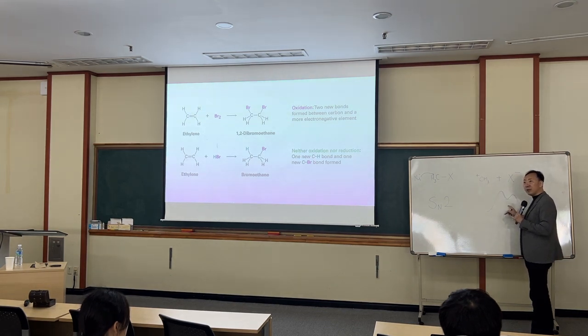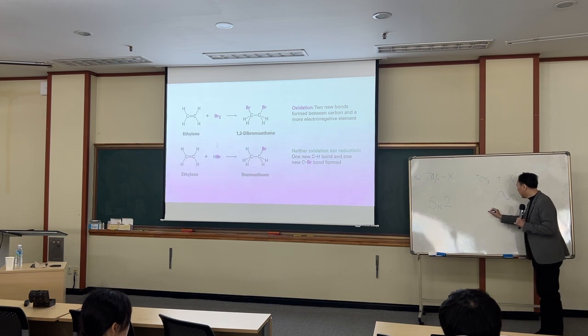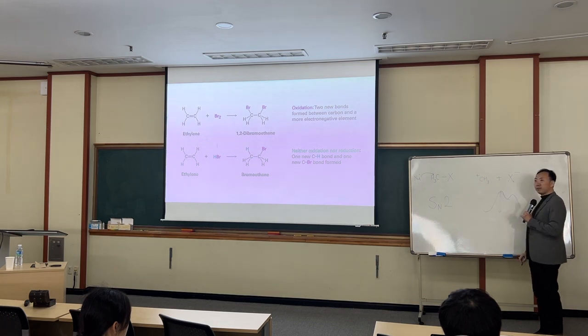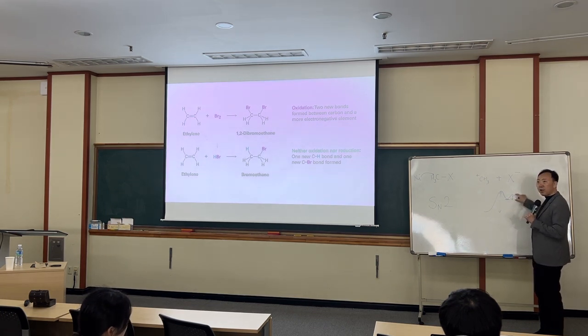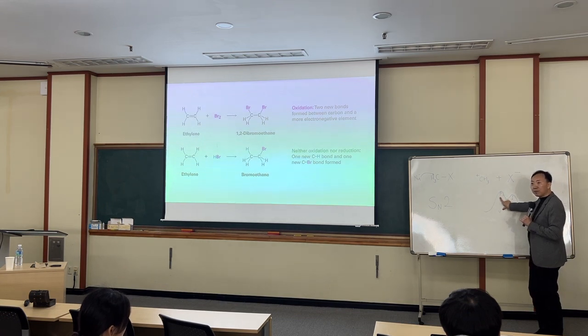Carbocation is the key intermediate. The decomposing of this into this is the rate determining step, the difficult step. The second step is very fast because the activation energy is very small, so in kinetics measurement, rate constant measurement, you don't see that. You only see the rate determining step.